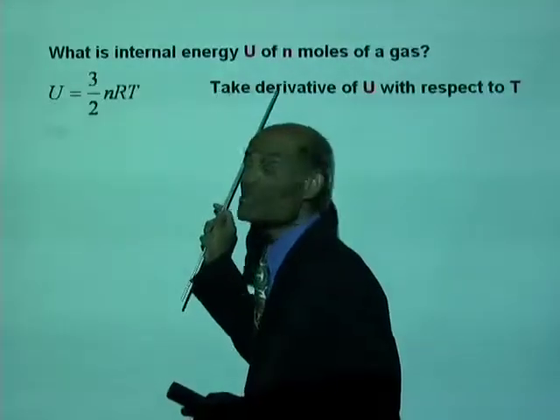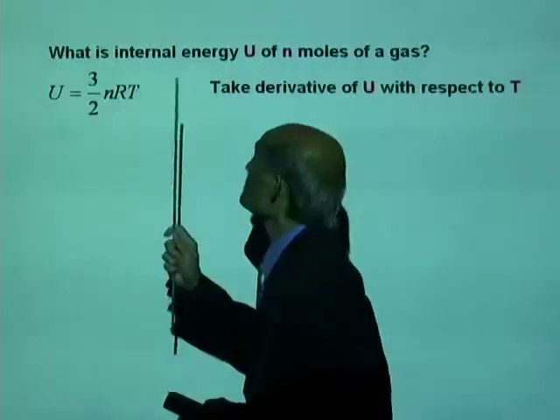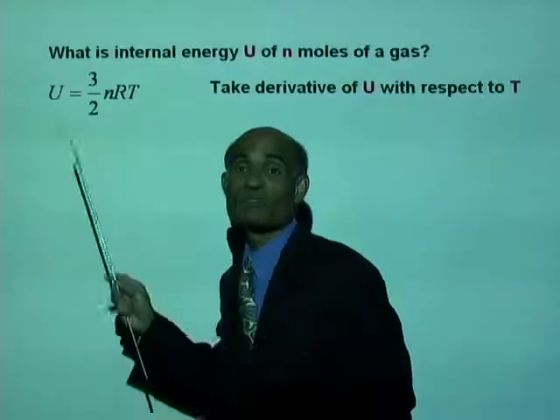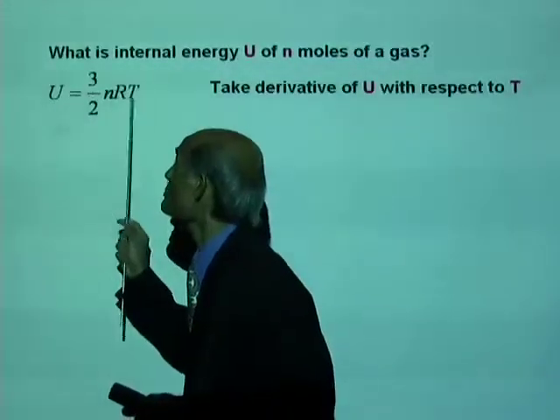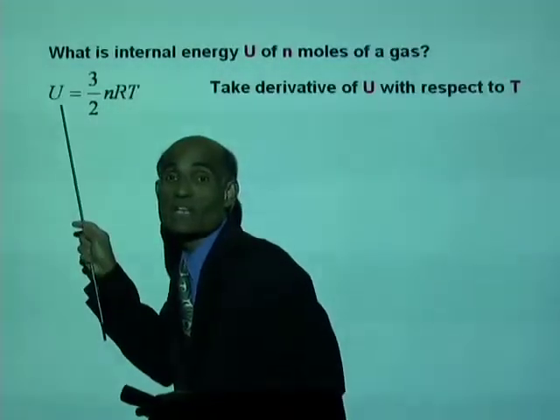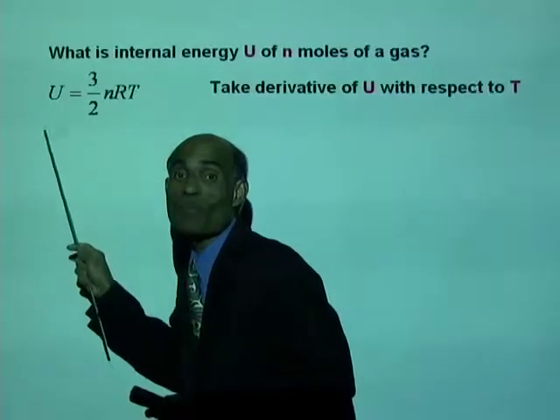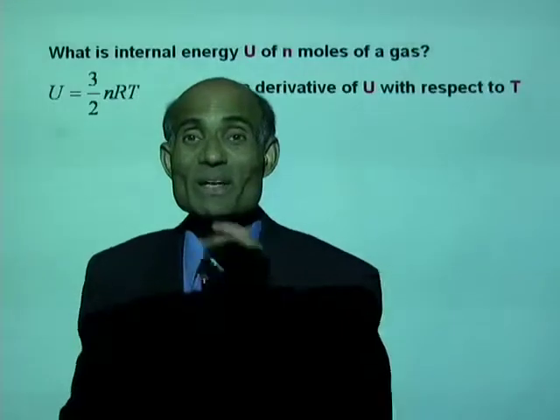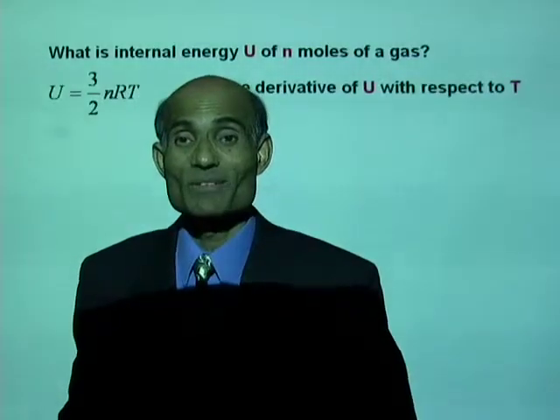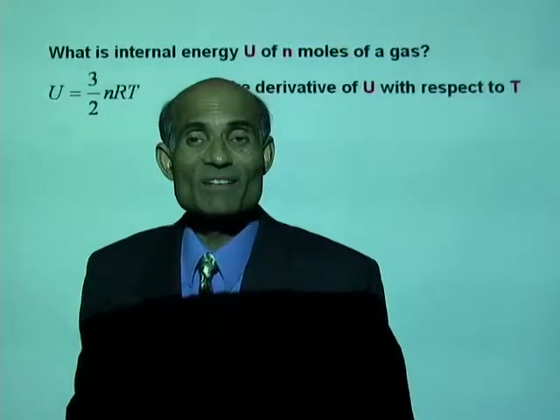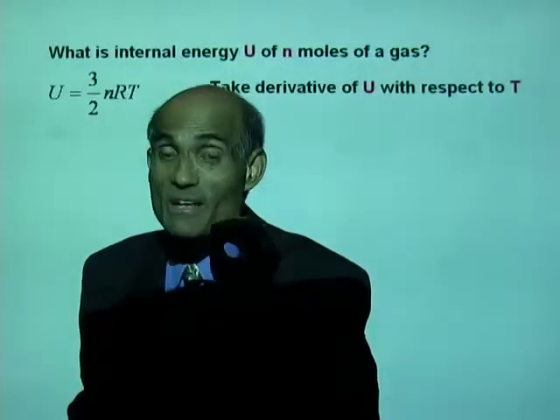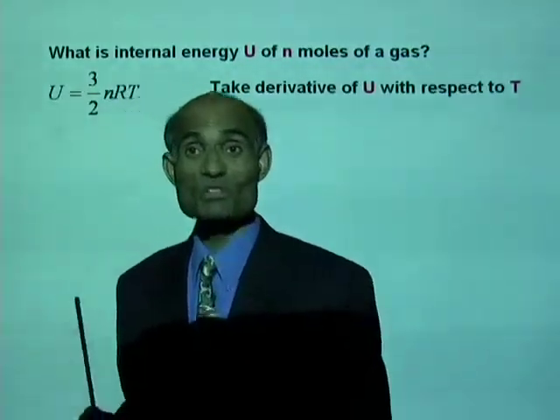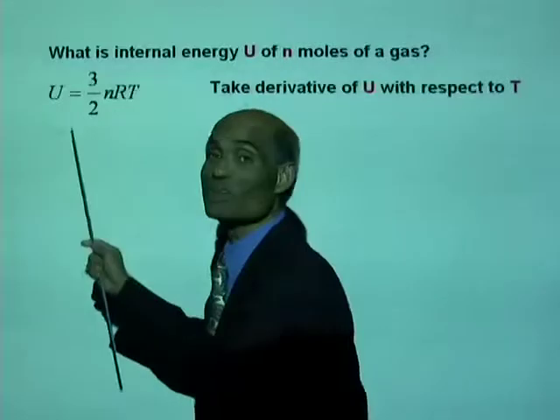Now, take the derivative of U with respect to T. If you take the derivative of U with respect to T, you get dU/dT on the left side. Can you tell me what dU/dT is? It is Cv, the heat capacity at constant volume, and that's why we are doing this.